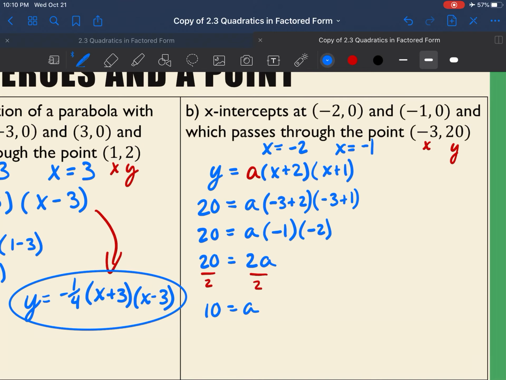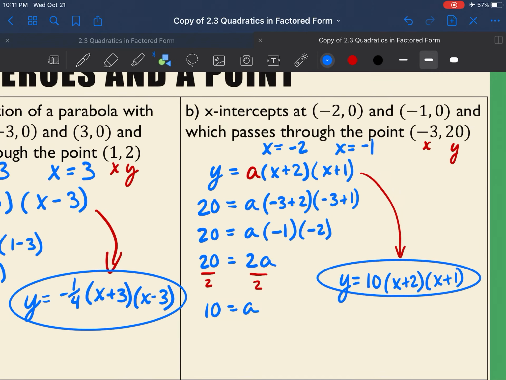So now we can take this equation that we had started and actually replace the a with what we just calculated. So your equation is going to be y equals 10 times (x plus 2) times (x plus 1). Now, I would accept this answer, but just to show you what would happen after that, if you really wanted to simplify this as much as possible, you would multiply those together.